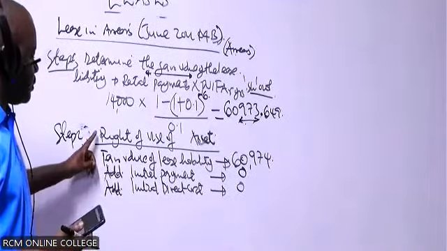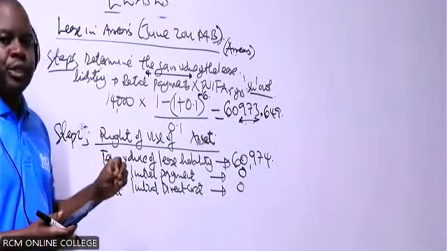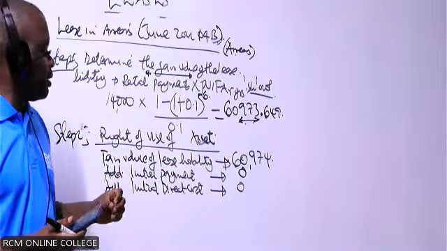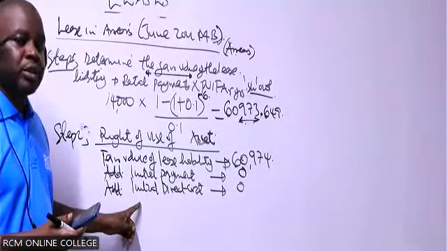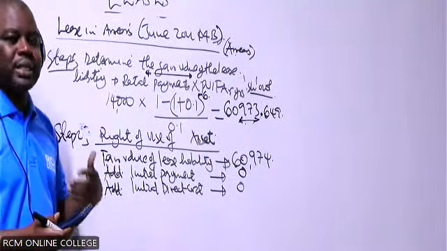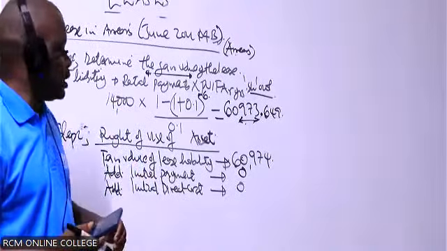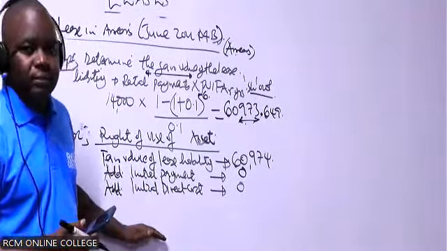This is the standard way you can calculate the right of use of the asset, whichever kind of question you've been given. That's why I'm putting them here, so that when you come across any other question that has given you an initial payment, don't start wondering how you will calculate the right of use of the asset. You just need to use this standard format.